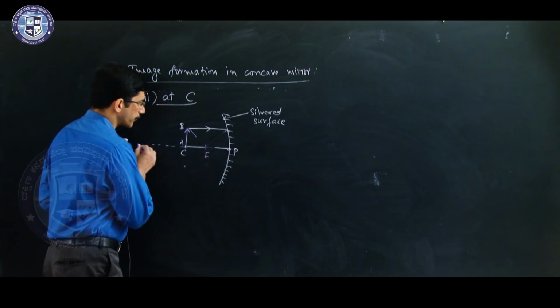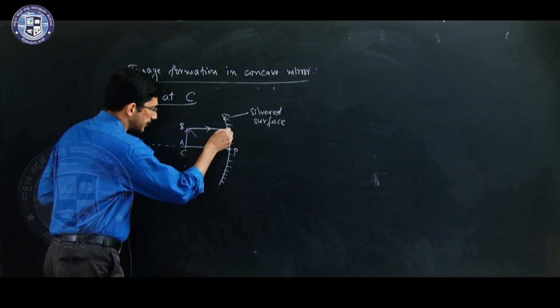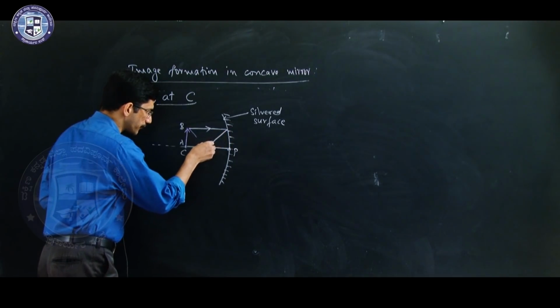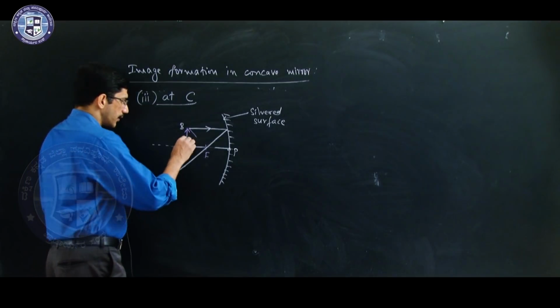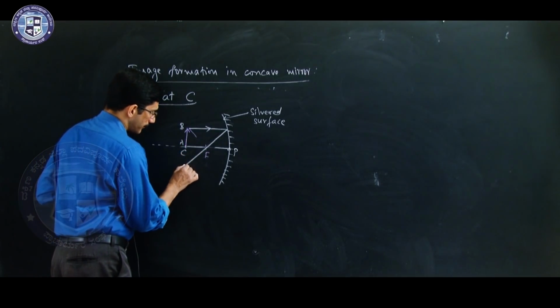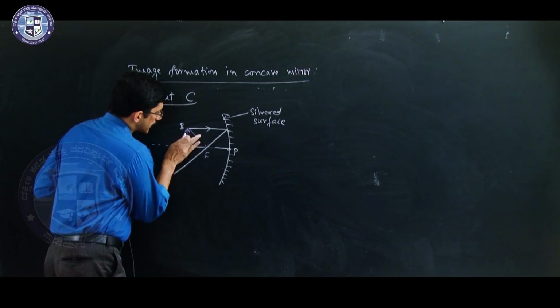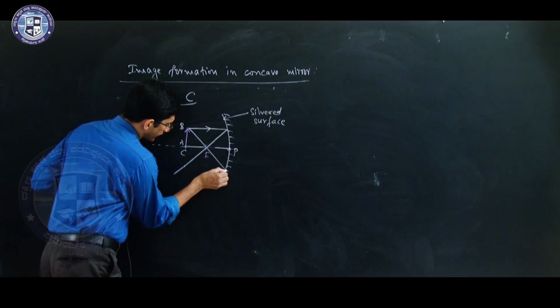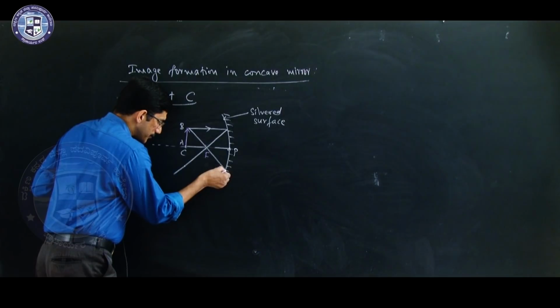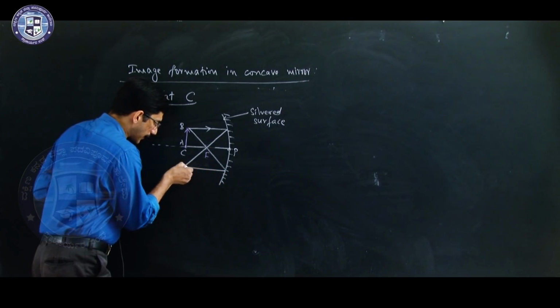So, this focus and the ray would pass through the focus, and the ray which is passing through the focus, this ray would become parallel to the principal axis.